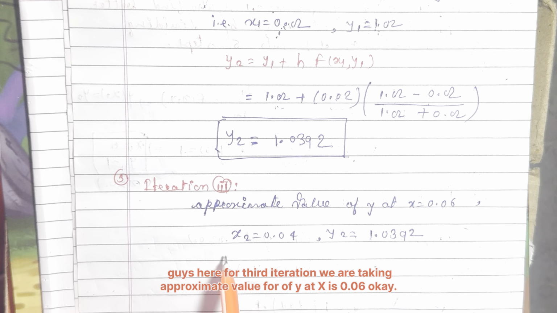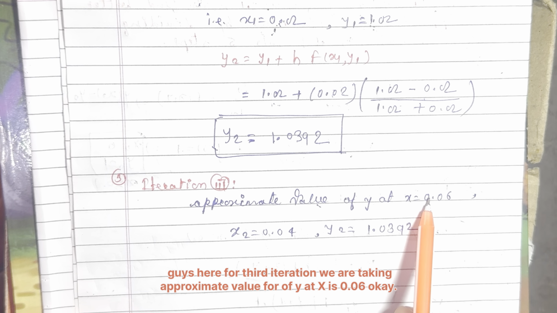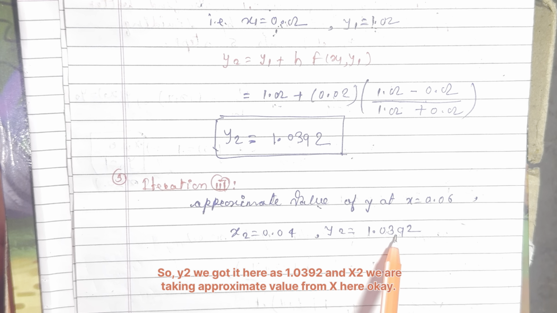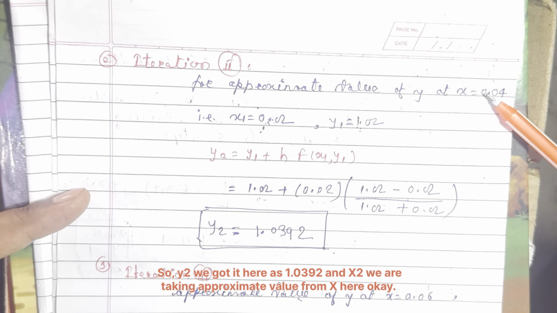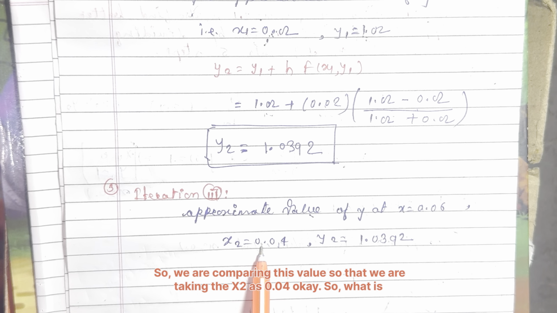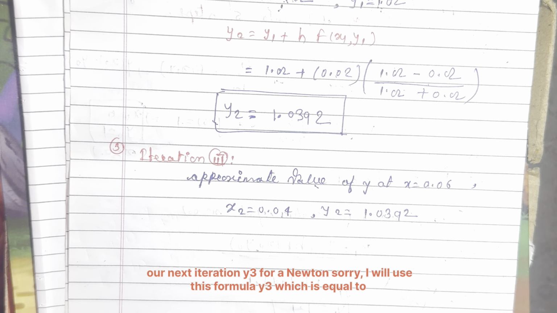Here y2 we got as 1.0392, and for x2 we are taking the approximate value from x, comparing the values, so x2 is 0.04. So what is our next iteration?